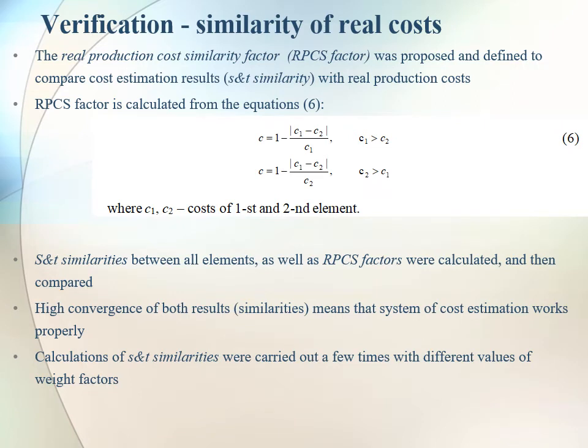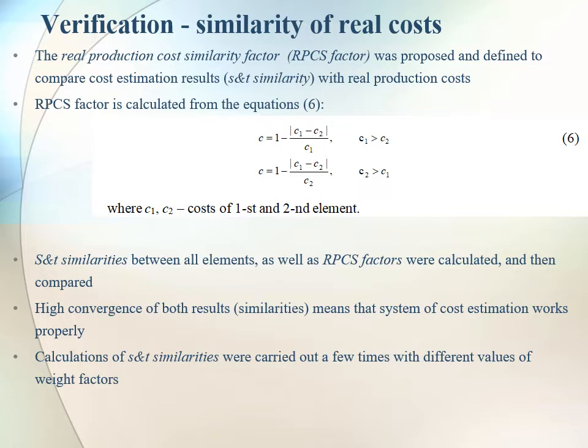Then to validate our method, we took a set of real elements from one of the producers, and we proposed a real production cost similarity factor to verify this structural and technological similarity. Here are the equations allowing us to calculate this factor.